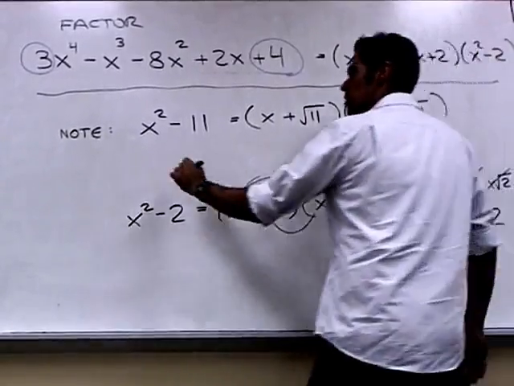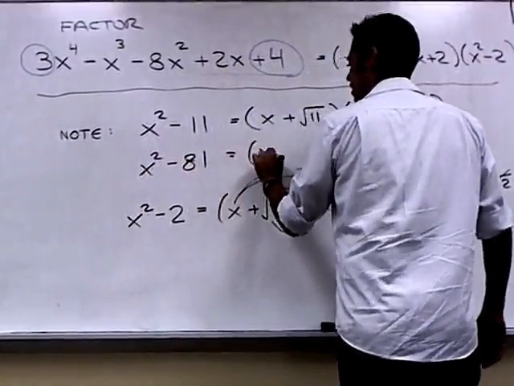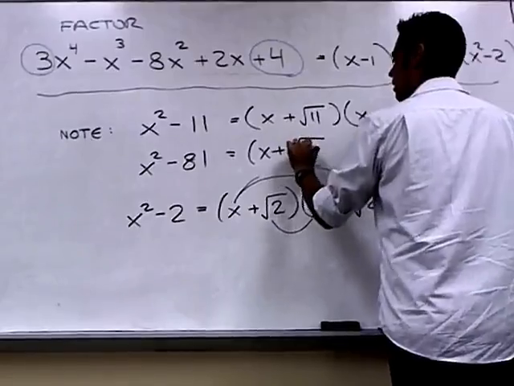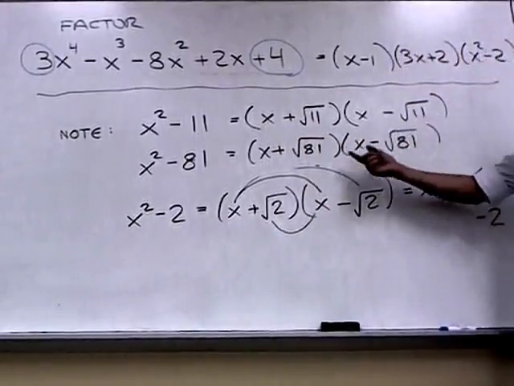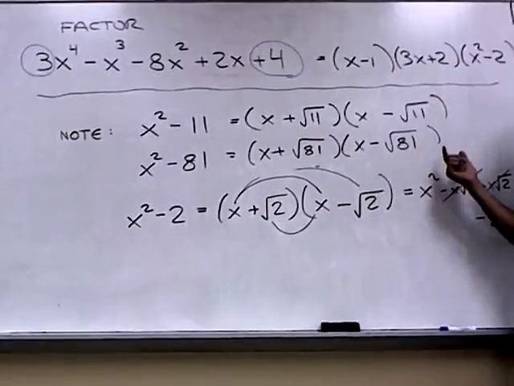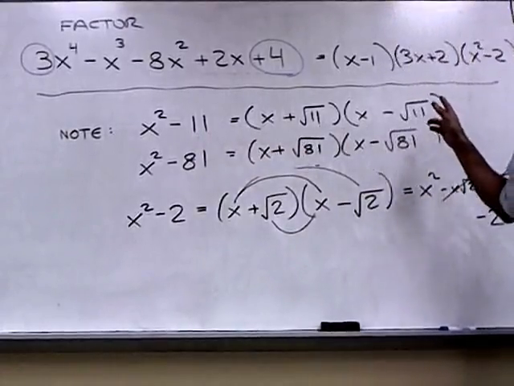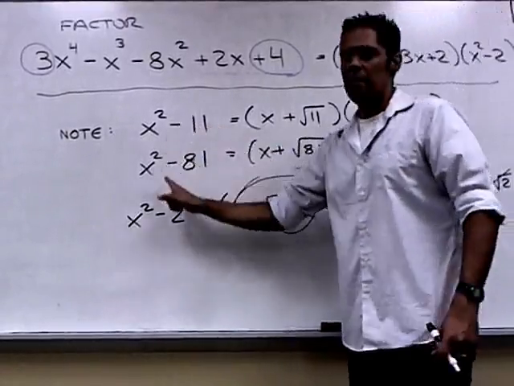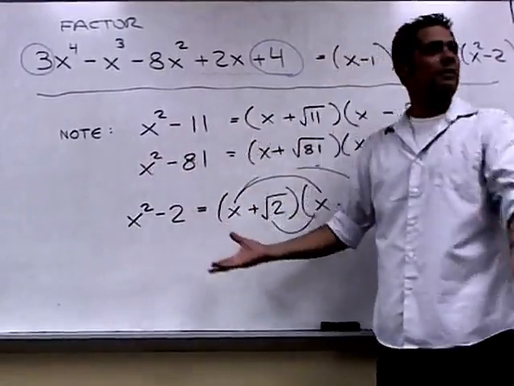Now, of course, if it was x squared minus 81, you could still follow this formula. What is the square root of 81? 9. So that's why we write x plus 9, x minus 9. But generally speaking, it's just the square root of whatever number is there. Now that only works if it was subtraction. If that's a minus, that's a minus. If that's plus, it does not factor.